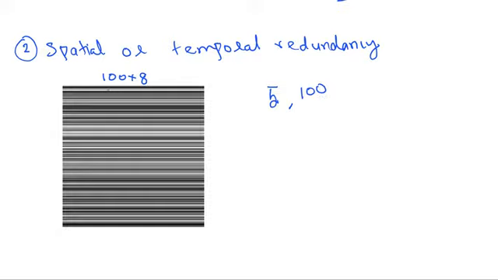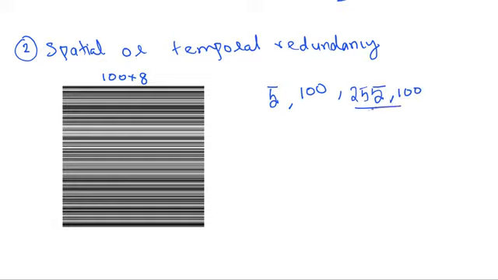Suppose the next line has an intensity of, let's say, 255, and the complete line is represented by the 255 intensity value, and that also lasts for a duration of 100 pixels.